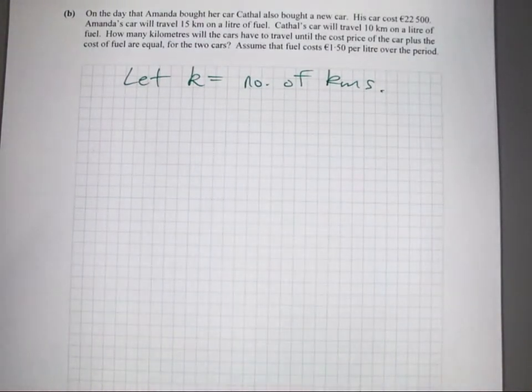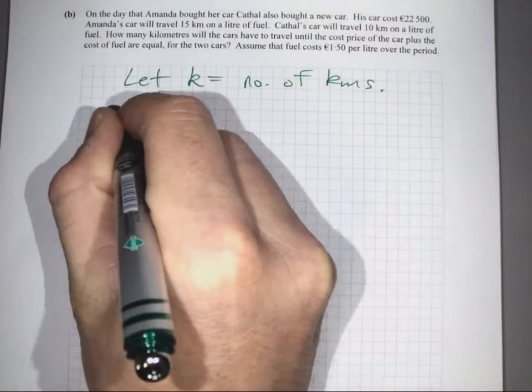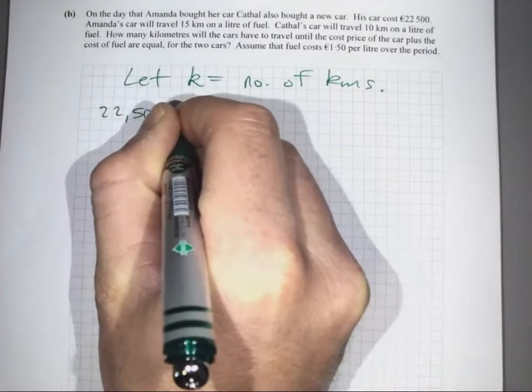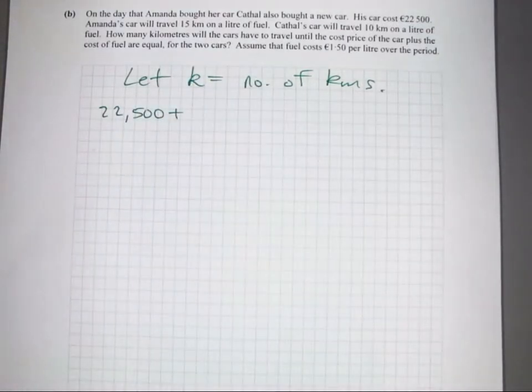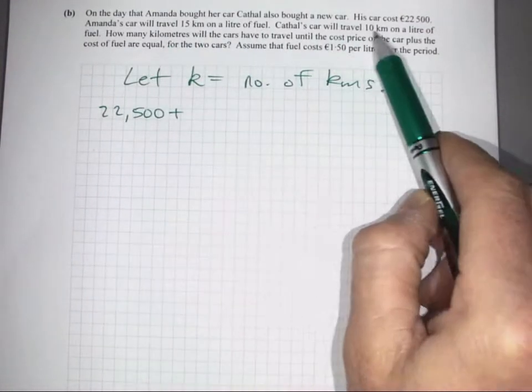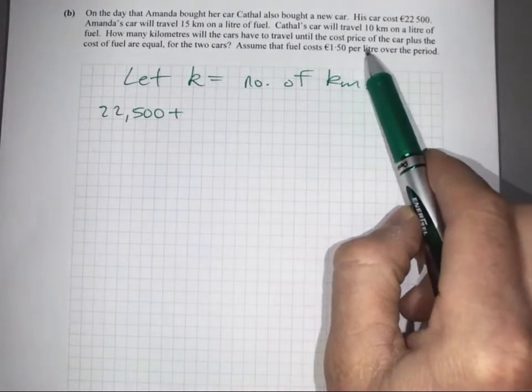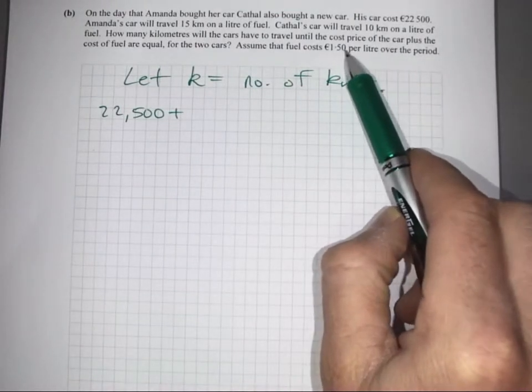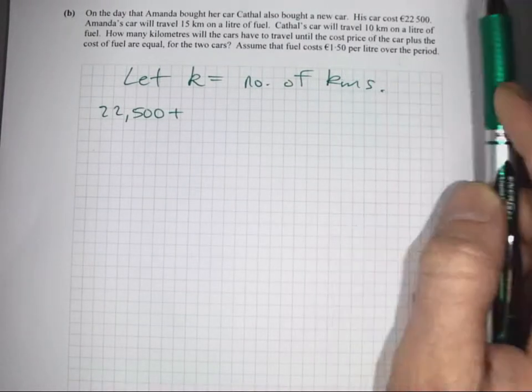And after this amount of kilometers k, the price of the two cars plus the amount of fuel spent will be equal, right? So Cahill bought his car for 22,500, and his car only does 10k on a litre of fuel. Now a litre of fuel is 150, and that's 10k.